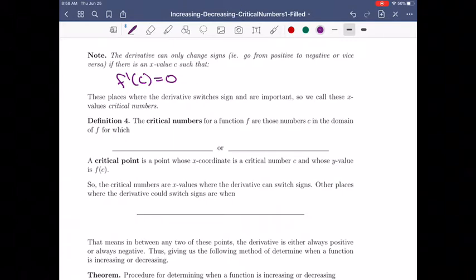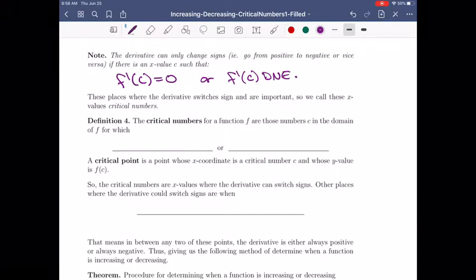The derivative can move from negative to positive or positive to negative, or we could have a derivative that doesn't exist, because then maybe there's a jump in the derivative graph or something. Something weird could happen there. So these places are important, and we call these x values critical numbers.